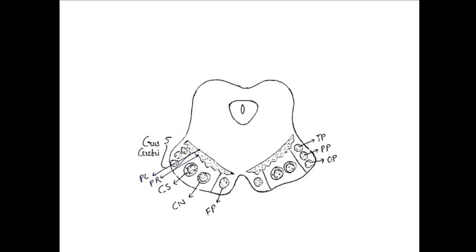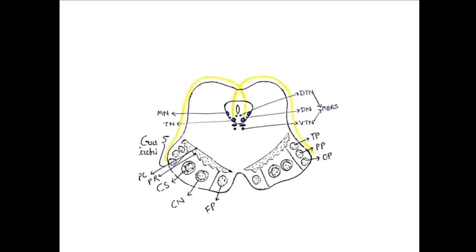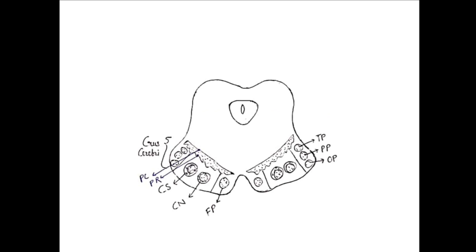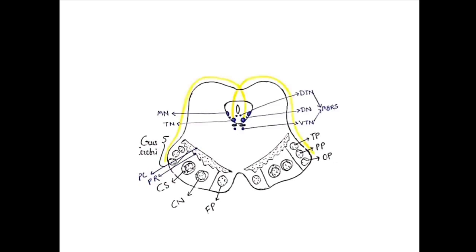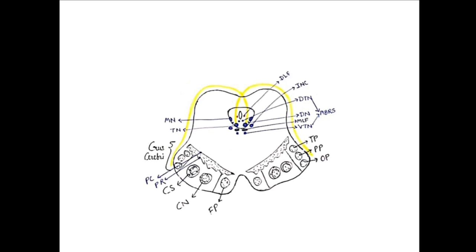Then subdivision of substantia nigra, pars compacta and pars reticularis. Nuclei present in central gray matter: dorsal tegmental, ventral tegmental, midbrain reticular system, mesencephalic nucleus and trochlear nucleus, and decussation of trochlear nerve.